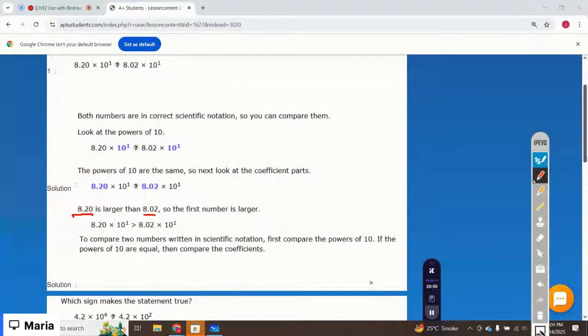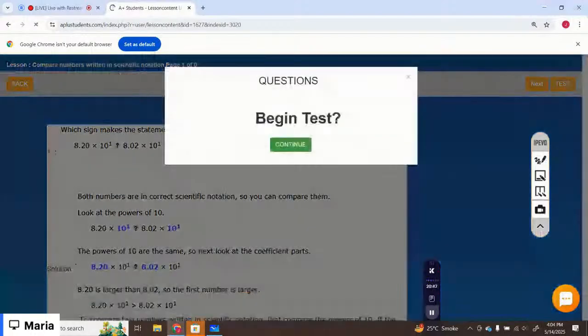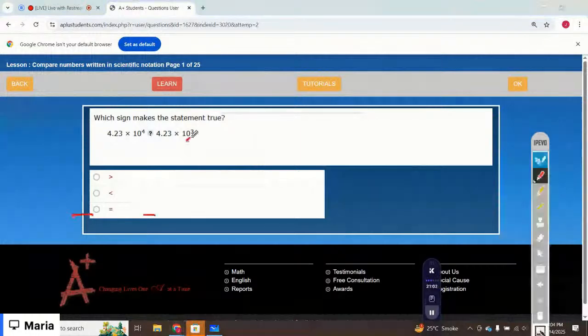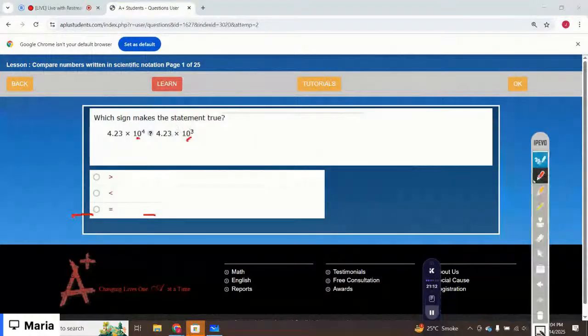Okay, let's just start with the test questions. Let's see how do we compare them. Which sign makes the statement true? 4.23 times 10 exponent 4 and 4.23 times 10 exponent 3. The very first thing we need to see is the exponent of 10. Here the exponent of 10 is 4 and here the exponent of 10 is 3.